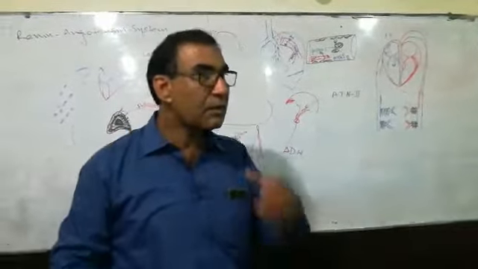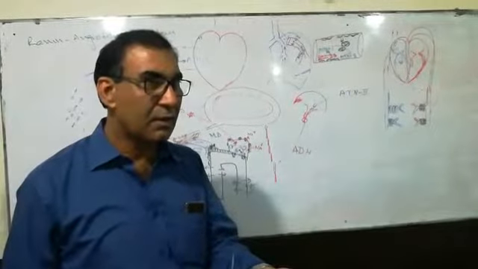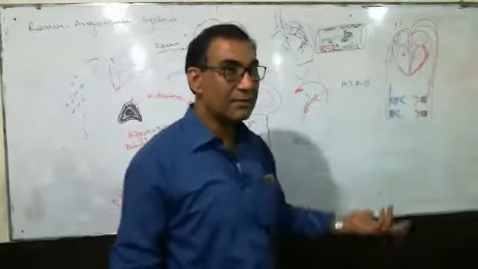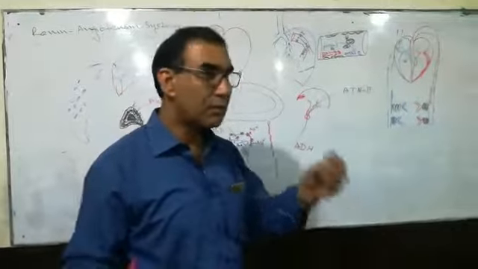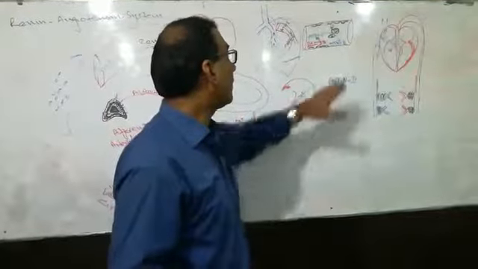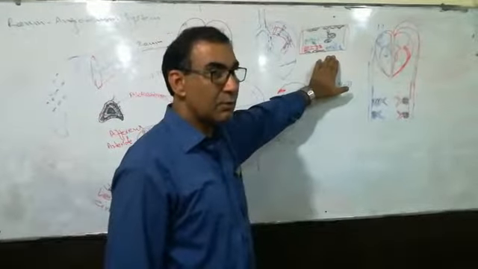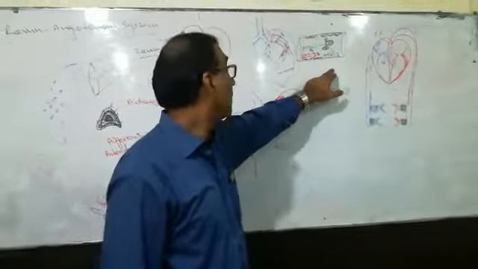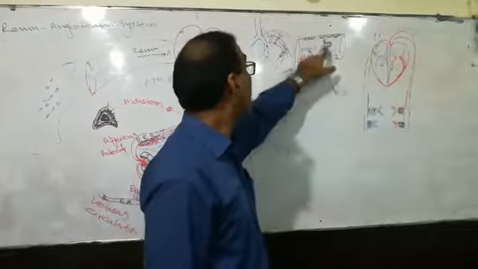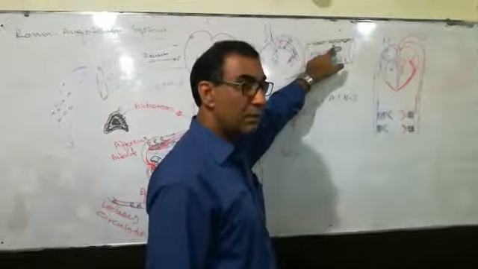So if it is active, what will happen? The action of angiotensin 2 would be opposed, so there would be no more benefit of angiotensin 2. So angiotensin 2 is formed by this protein.